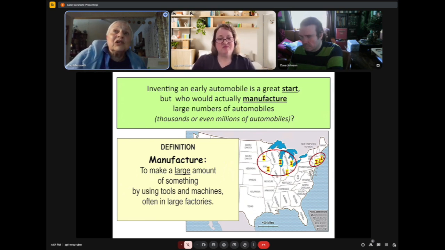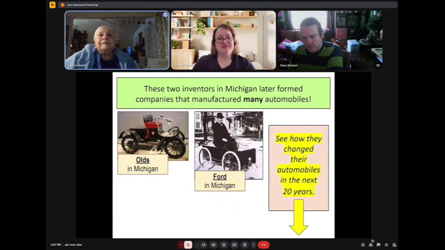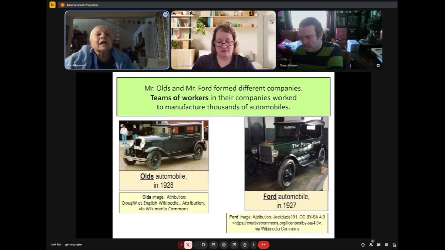So we're going to look at a couple of these from Michigan, the Olds Company and the Ford Company. By about 15 years after their first working invention, they were making these automobiles, a 1928 Oldsmobile and a 1927 Ford.